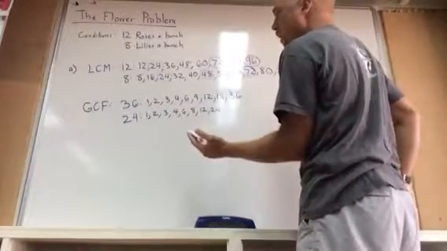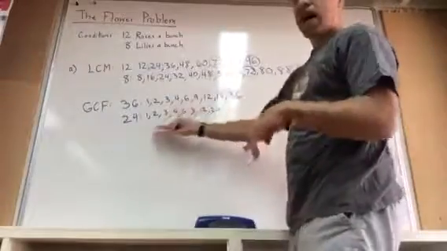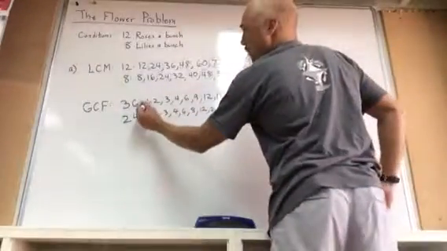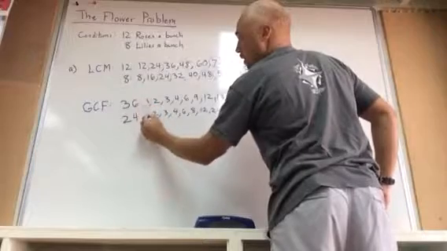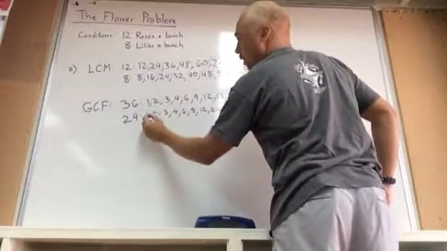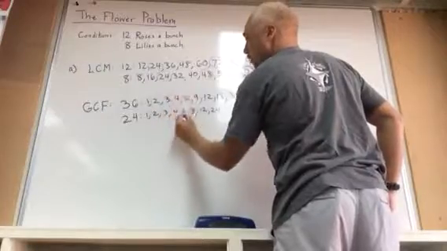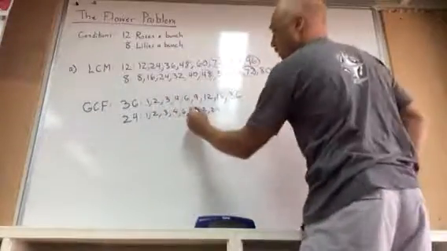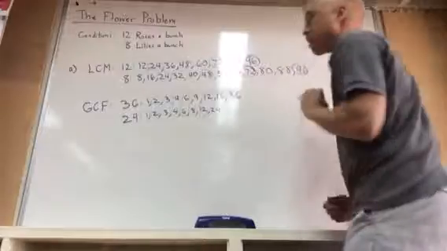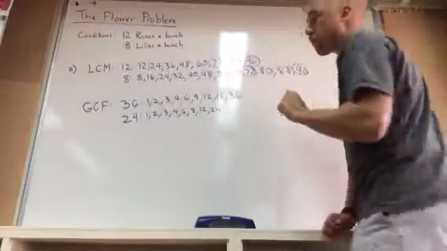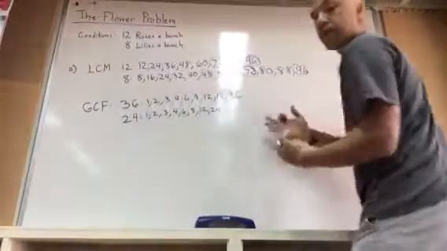And now I could find any common factors. The 1s are common together. The 2s are common. The 3s are common. 4s are common. The 6s. Lots of common factors in these two numbers, and the 12 are common. And maybe you discovered that all of these factors would work.